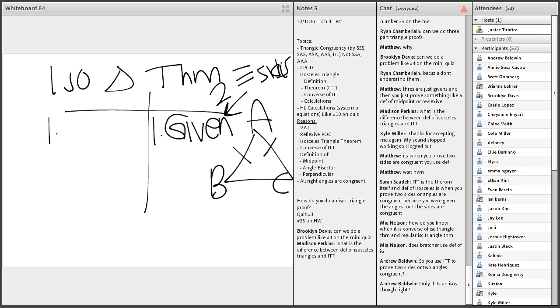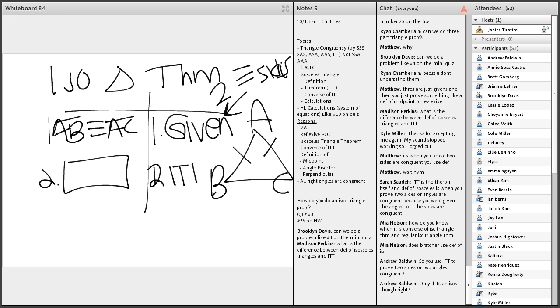In this case, AB is congruent to AC. Let's say that's given. Then your conclusion using the ITT, isosceles triangle theorem, is angle B is congruent to angle C. So it's in that specific order for isosceles triangle theorem. Two sides are congruent, it's isosceles. So what next? Angles are congruent.